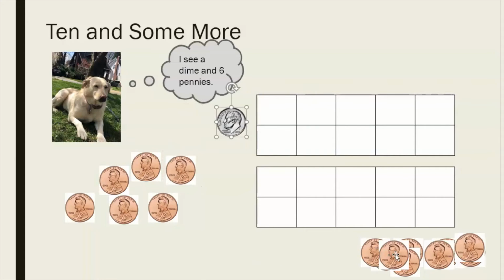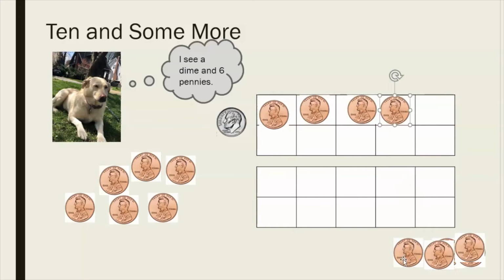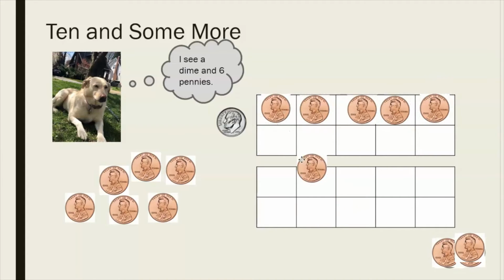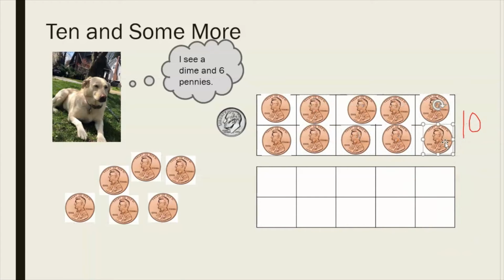So let's try that again. 1, 2, 3, 4, 5, 6, 7, 8, 9, and 10. So we know that our dime is the same as 10 pennies, and we filled up a 10 frame because we know a 10 frame holds 10 pennies.